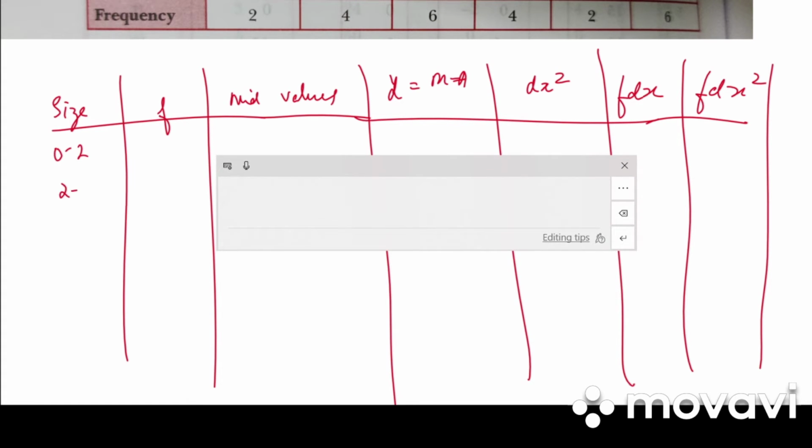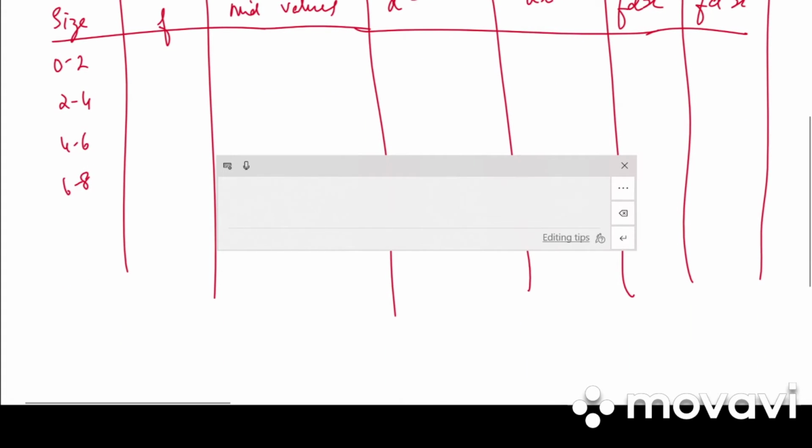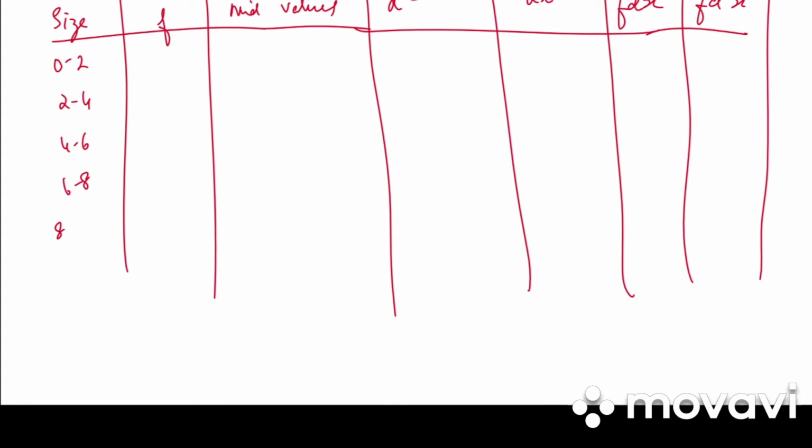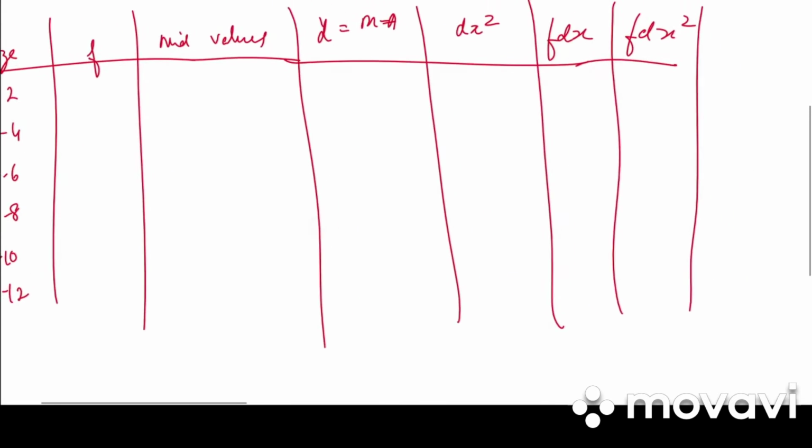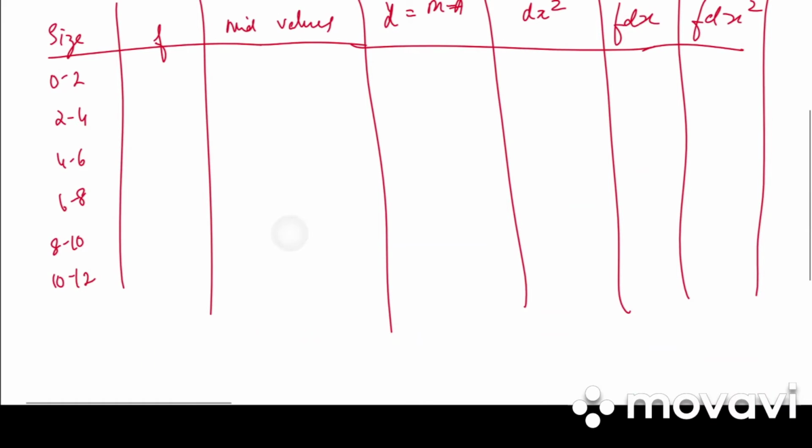So 0 to 2, 2 to 4, 4 to 6, 6 to 8, 8 to 10, 10 to 12. Then we have frequency 2, 4, 6, 4, 2, 6, mid value 1, 3, 5, 7, 9, 11. Then we have m minus a.